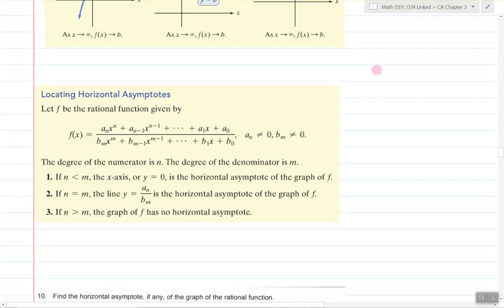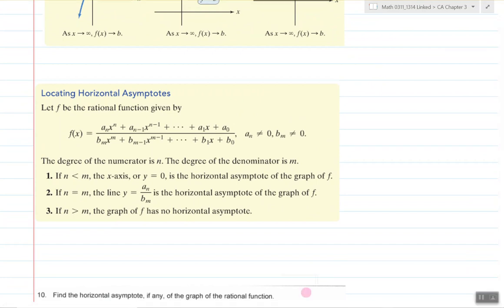All right, now to locate them. To find the equations of these horizontal lines, we use the degrees of the numerator and the denominator function. Now, your book uses n and m. I'm going to change that up just a little bit.